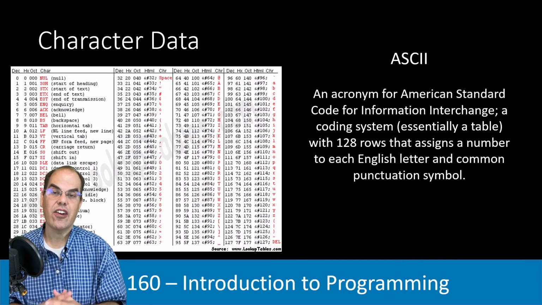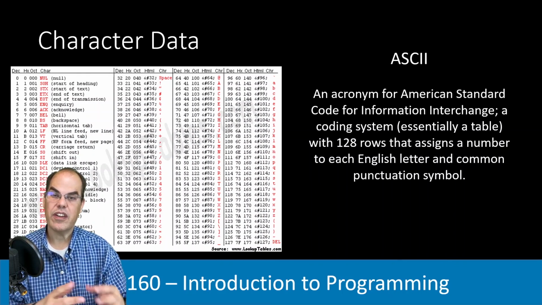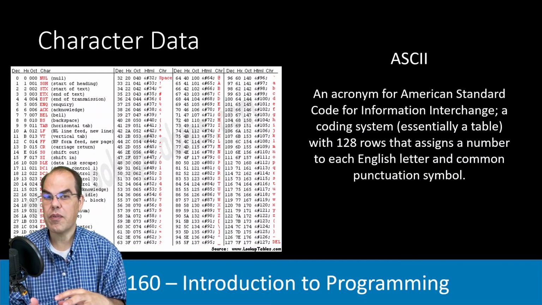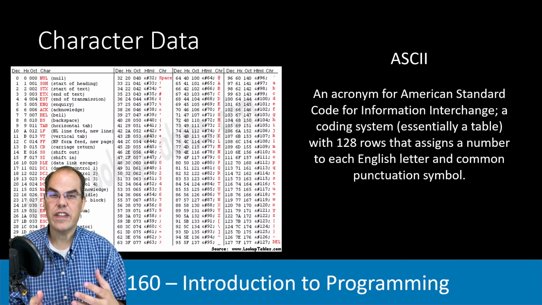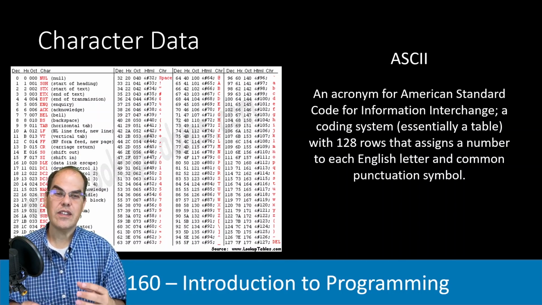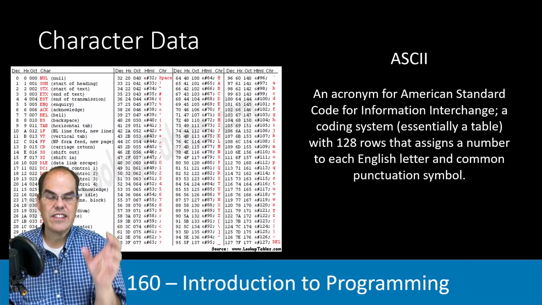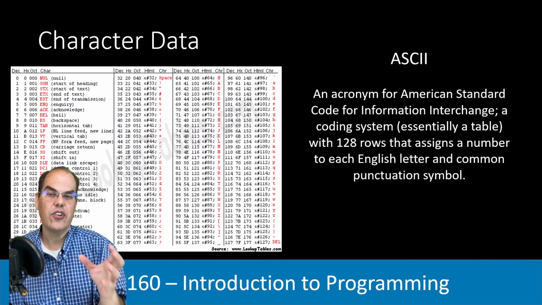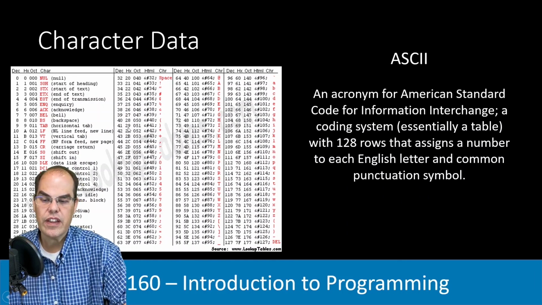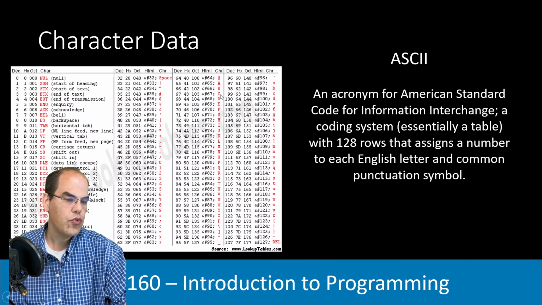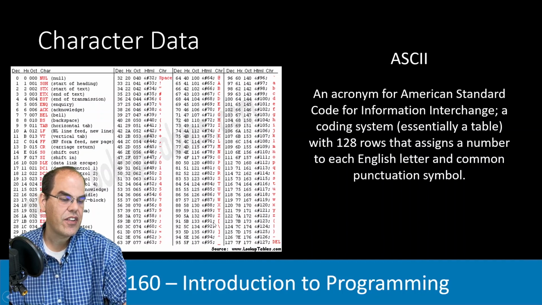So finally, we have character data. We talked about how bits and bytes can represent numbers, but how do those numbers represent letters and things like that? What they do is something called encoding. They say, okay, this number represents a letter. You have a table, and you look down the table.